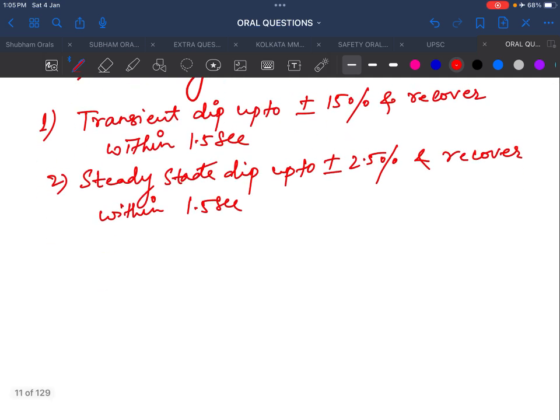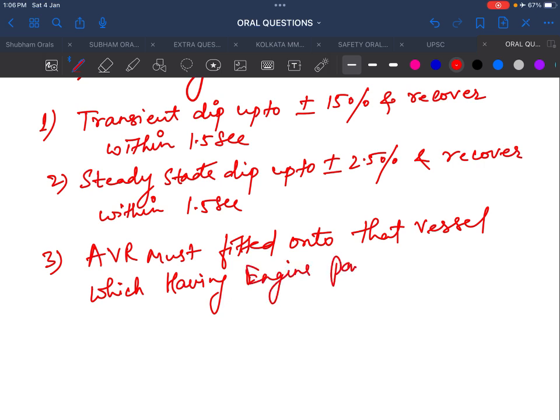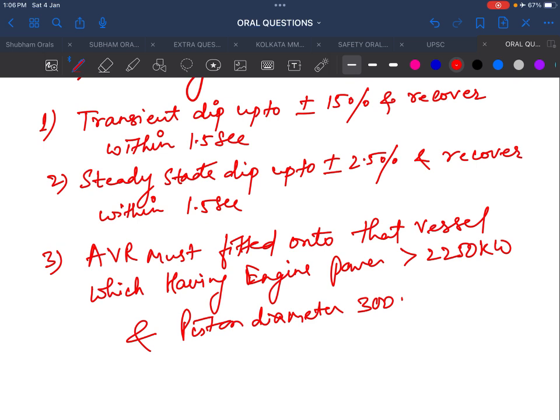And the AVR must be fitted onto a vessel which has engine power greater than 2250 kilowatts and piston diameter of 300 mm.